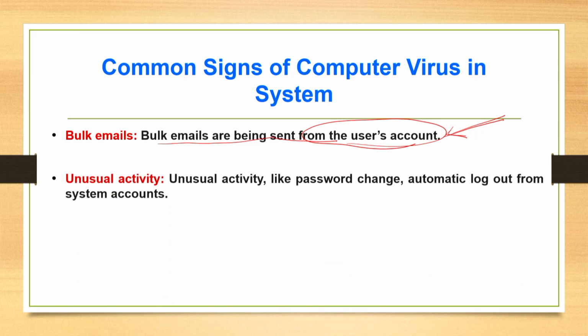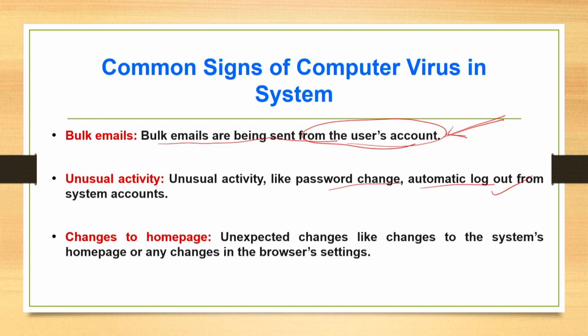Unusual activities: if the password is changed automatically, or it automatically logs out from the system accounts, these are unusual activities. Although you have not changed your password, it has been changed on its own, and if you have not logged out but it automatically logs out from the system account, then it means the system is infected by a computer virus.